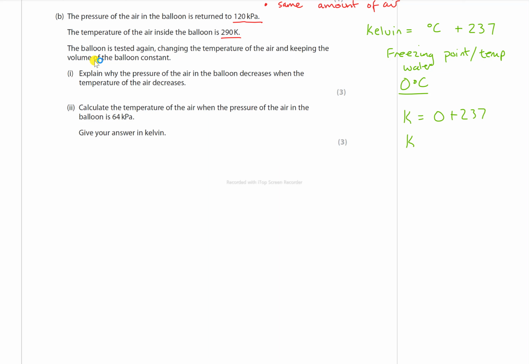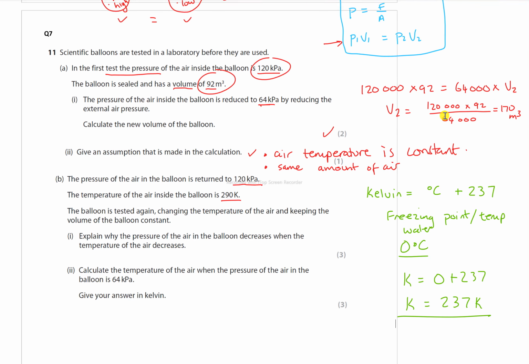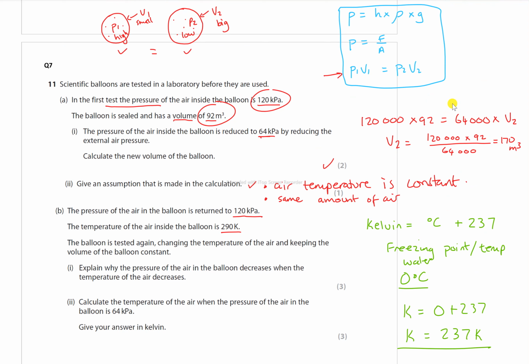So the freezing point of water is 273 Kelvin. Right, that's another good one to remember. Right, okay, we need to add that here. So we know Kelvin equals degrees C plus 273. There you go.